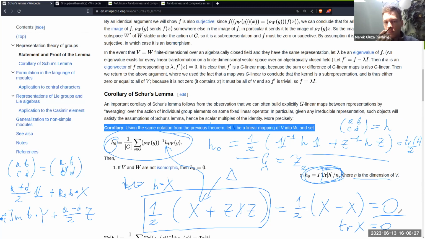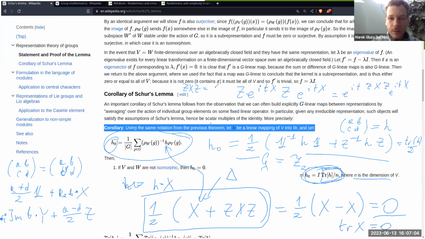And this operation is called dephasing, because if I would consider an evolution to some time t with X, and I would interlace this evolution with my Z operation, and then I again take this evolution with X, then I will get e to the itX, Z, X, Z, e to the itX. But you should be able to check it yourself, ZXZ, if nothing else, just do the multiplication, I should get minus X here, which means I get e to the minus itX times e to the itX, which is identity.